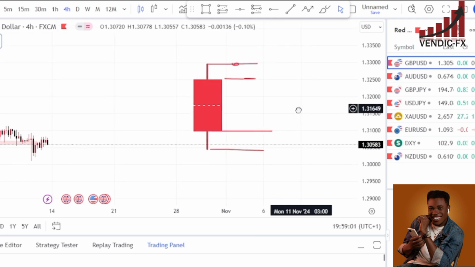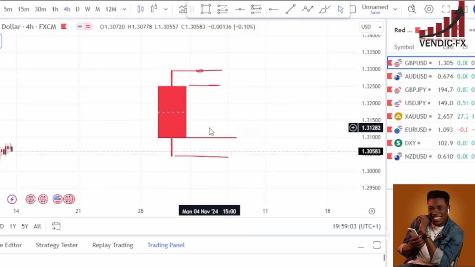Let's assume this is a daily time frame, and this candle represents one day. When the market opens, we will have something like this.